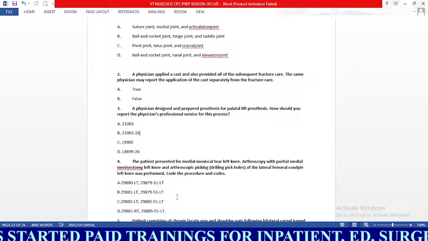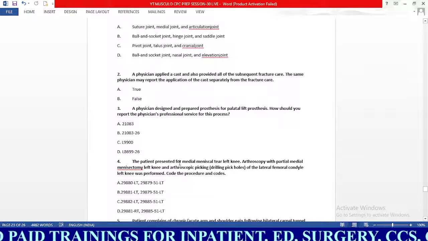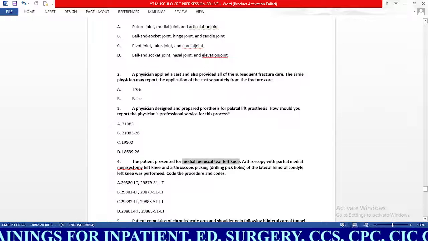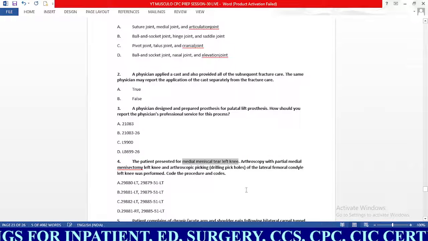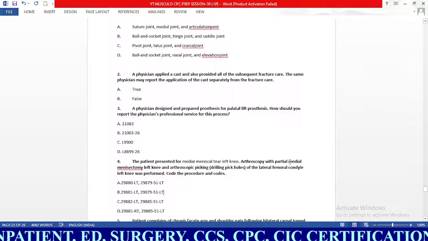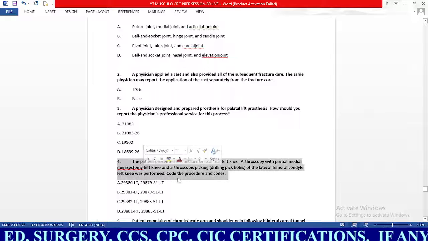So now it is 9:38. We will discuss this question. The patient presented for medial meniscal tear of left knee. So this is the keyword here for us. Arthroscopy with partial medial meniscectomy, so this is also one keyword here.